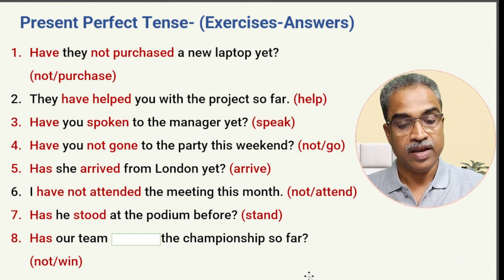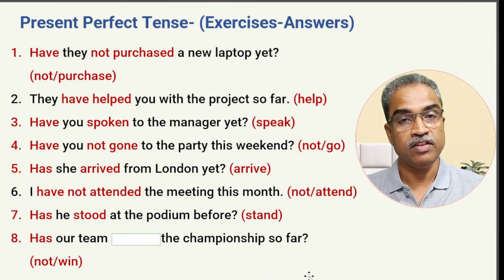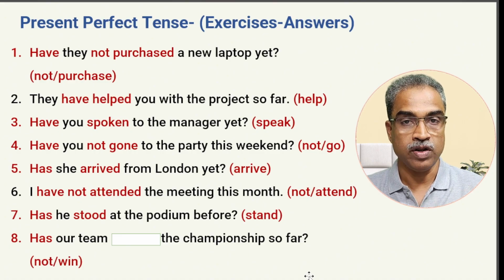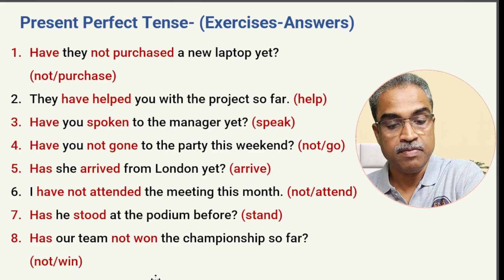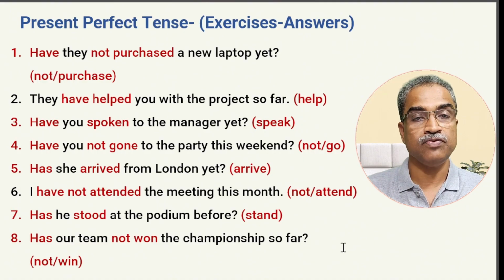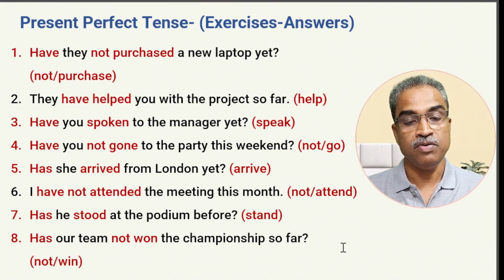Negative is there. Now the verb is win. So what is the V3 form of win? Win, won, won. W-O-N, won. W-O-N is won, but many students pronounce it incorrectly. Okay. So has our team not won the championship so far.